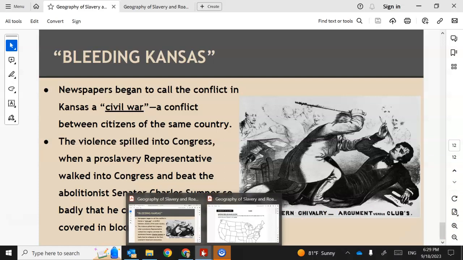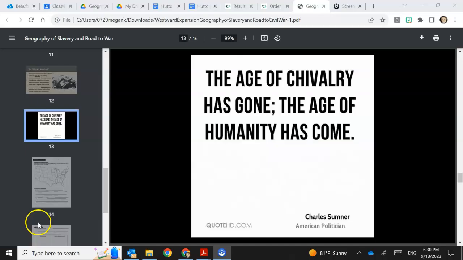So that's a problem, right? Okay, so Charles Sumner says, the age of chivalry, or politeness, good manners, has gone. The age of humanity has come. This is going to be a BFD. And I'm not going to explain what that means because you know.